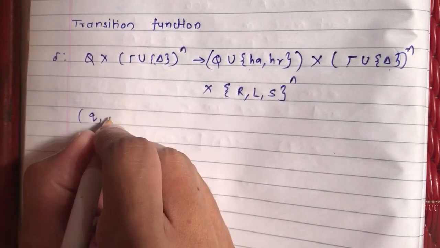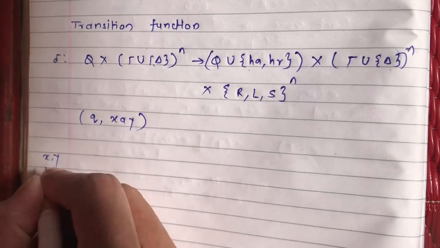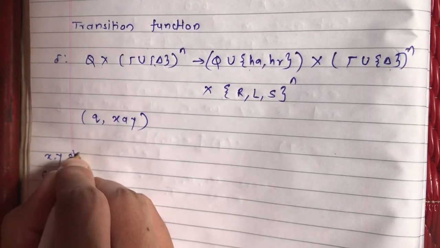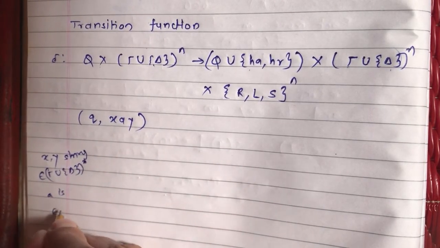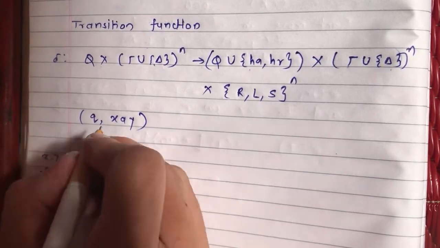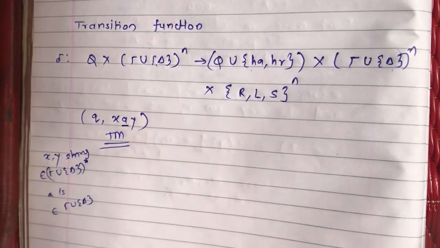State followed by XAY, where X and Y are strings over Γ union blank, and A is a single symbol from Γ union blank, and the tape head is pointing to A. This is for a single tape Turing machine, which you have already seen.